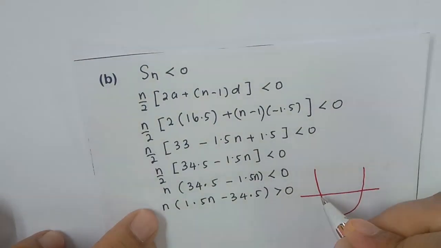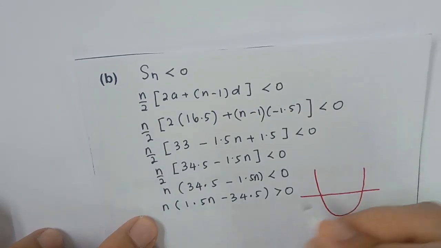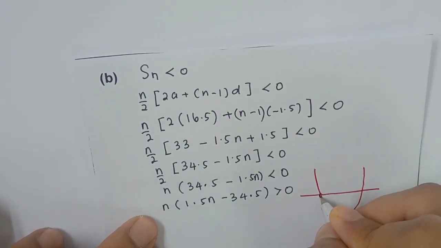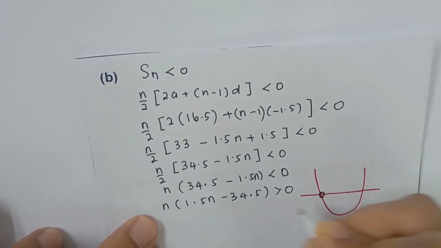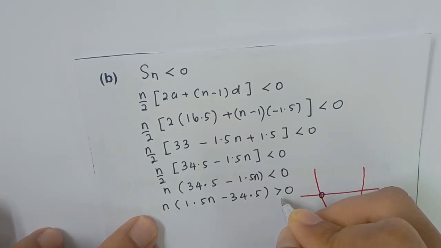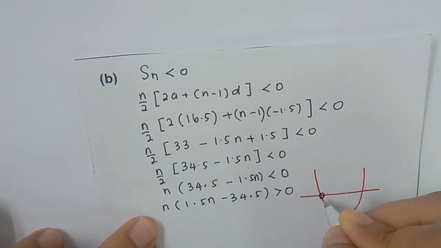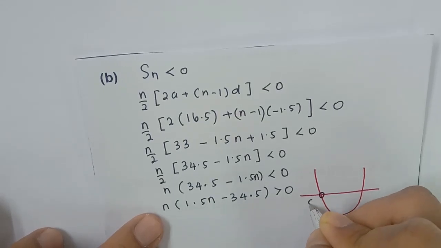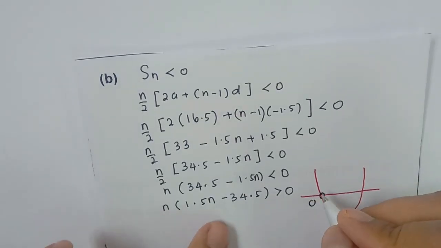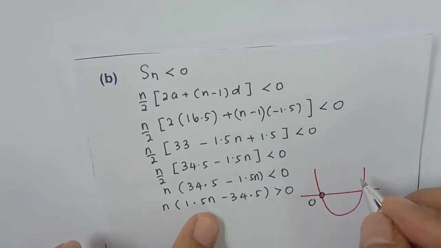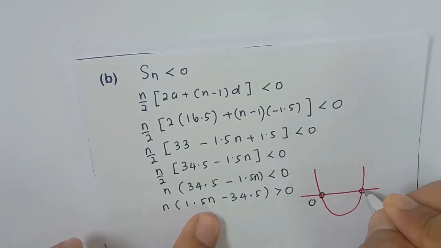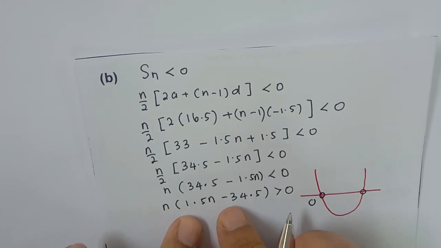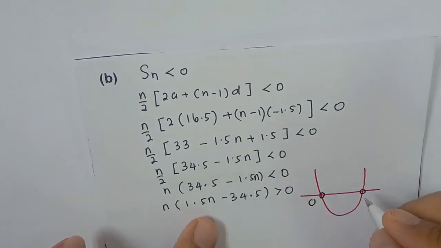So these two values: n equal to 0, an empty circle, less than or greater than, so n less than 0, n equal to 0, and the second value is 1.5n minus 34.5 equal to 0, so n equal to 23.